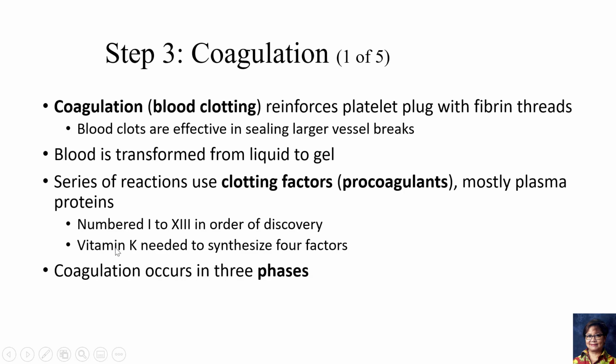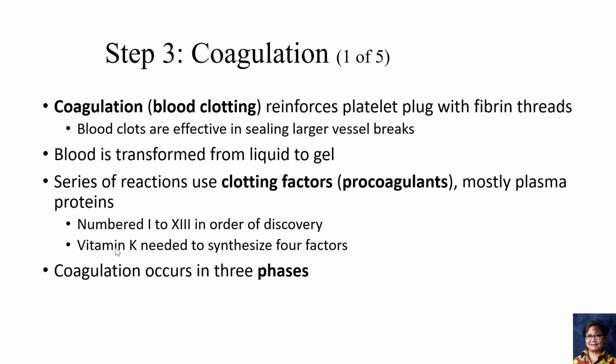So let's take a look at coagulation. Coagulation is a series of physiological reactions that leads to the formation of fibrin. There are several clotting factors that are necessary here. They play a major role in the production of fibrin. We number the clotting factors from 1 all the way to 13.